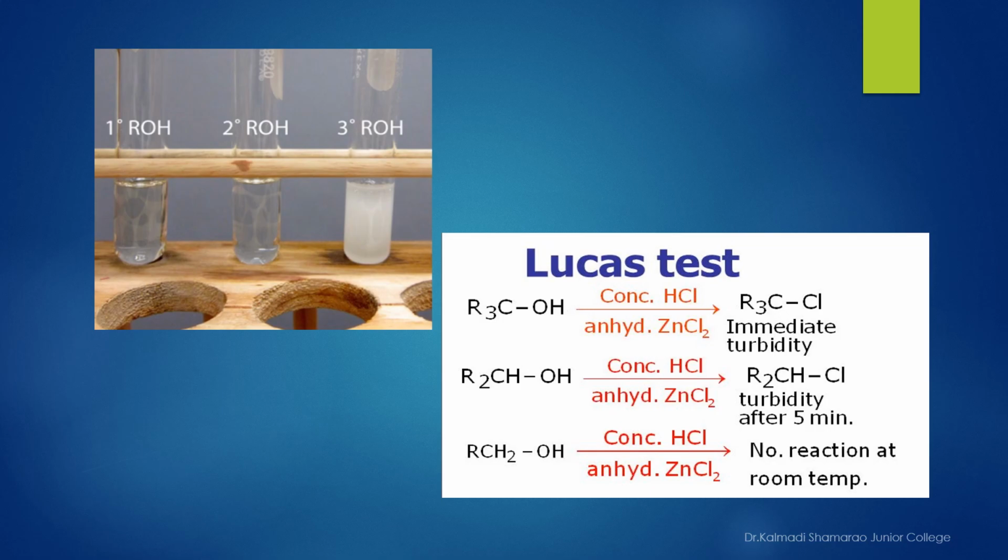When secondary alcohol is mixed with Lucas reagent, the cloudiness or turbidity appears after 5 to 10 minutes. Whereas when a primary alcohol is mixed with Lucas reagent, there is no reaction at room temperature. This is a test which is used to distinguish between primary, secondary, and tertiary alcohols in the lab.